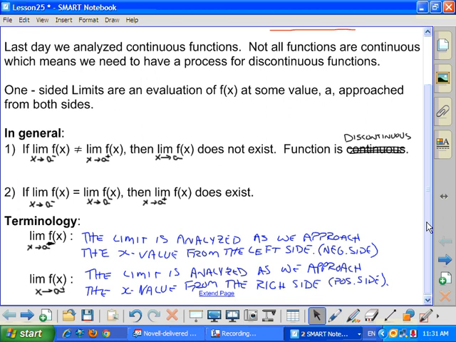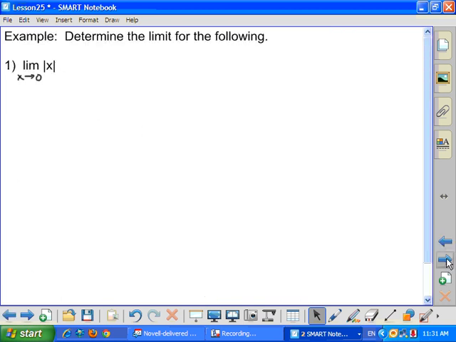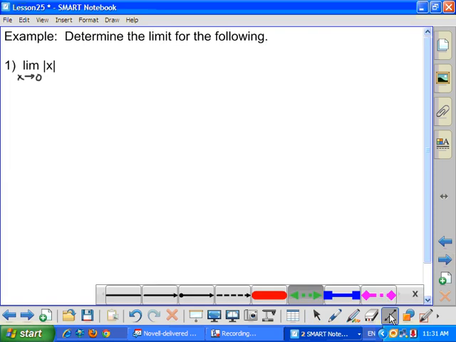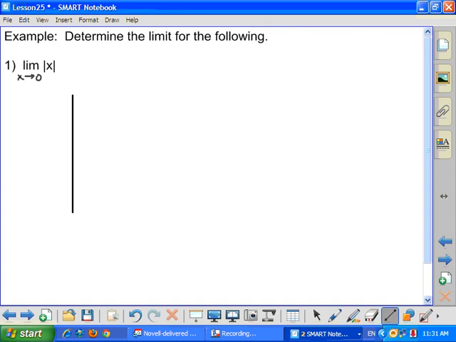All right. So, moving along here. Determine the limit for the following. You've seen this in the grade 11 course, and that was the absolute value. So if you give yourself a bit of a sketch here, what does absolute value look like? It's your V shape.